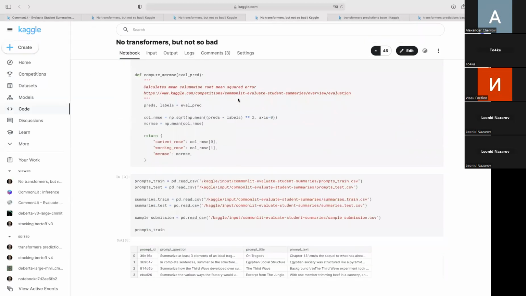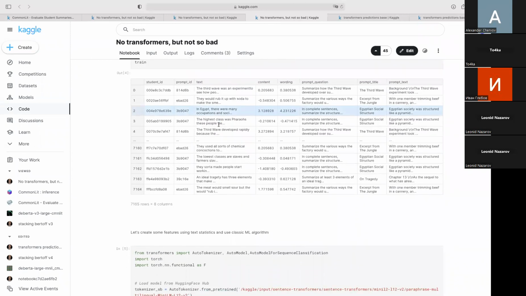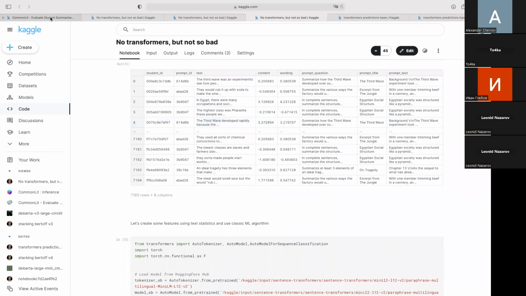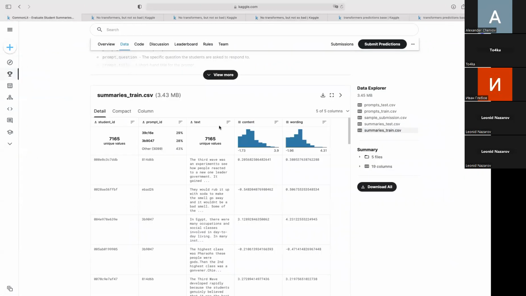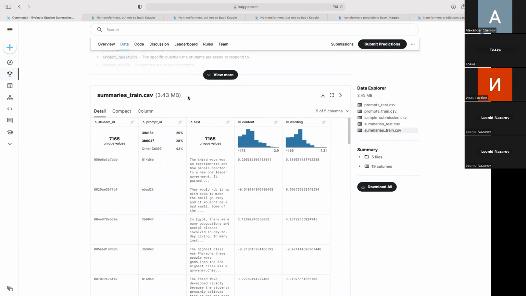But I think that the key of this competition is how to use the other text columns: prompt question, prompt title, and prompt text. Of course, we can use the traditional technique in NLP competitions, and we can combine all our text columns by a separator token.